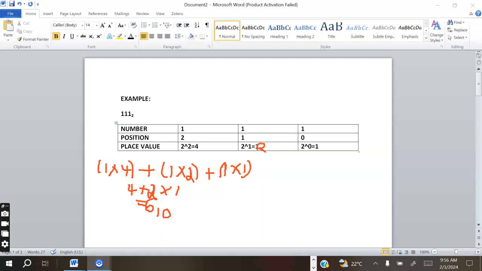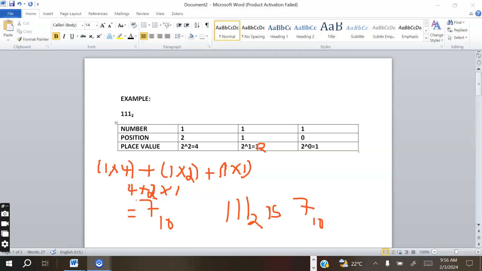So the final answer is 7 base 10, which translates to 111 base 2 is 7 base 10. I hope we have understood how to go about that simple example.